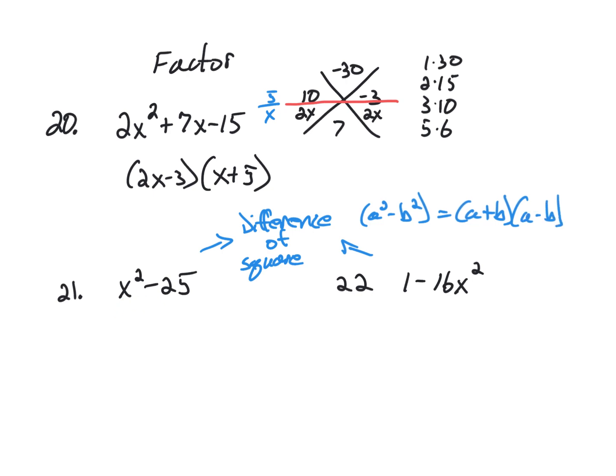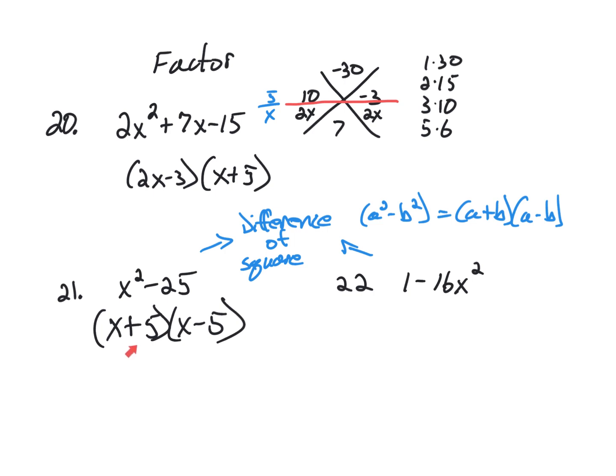So in this one, x squared minus 25, the square root of x squared is x, and the square root of 25 is 5. So what we do is we add those terms in the first binomial and then we subtract them in the second.